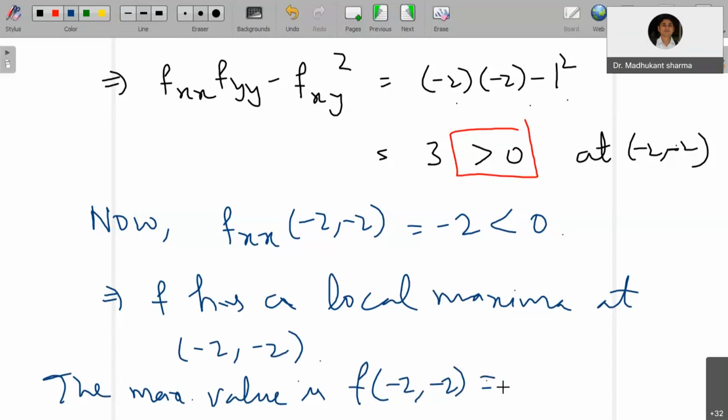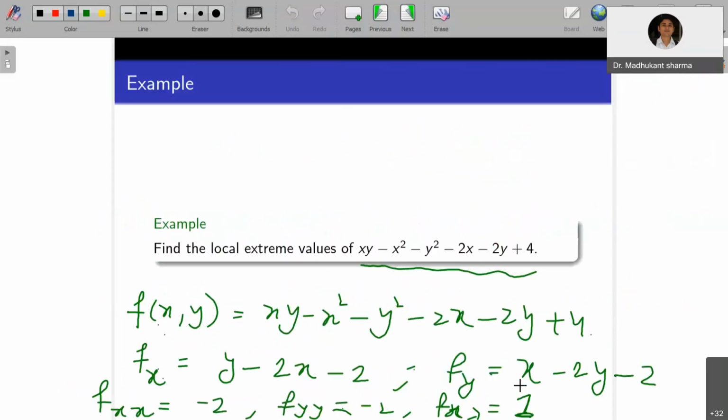With x equals minus 2 and y equals minus 2, the first term, minus 2 into minus 2, is 4. Then minus 2x, where x is minus 2, gives plus 4.